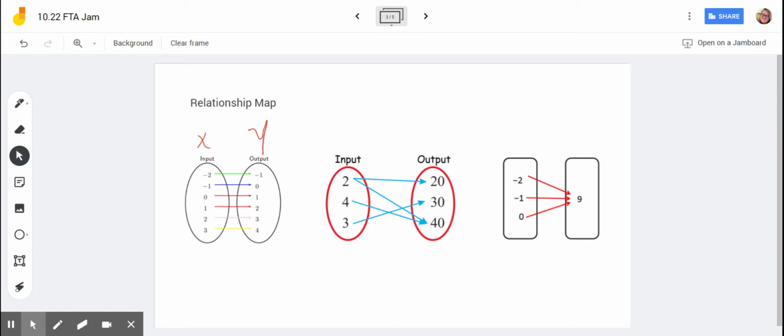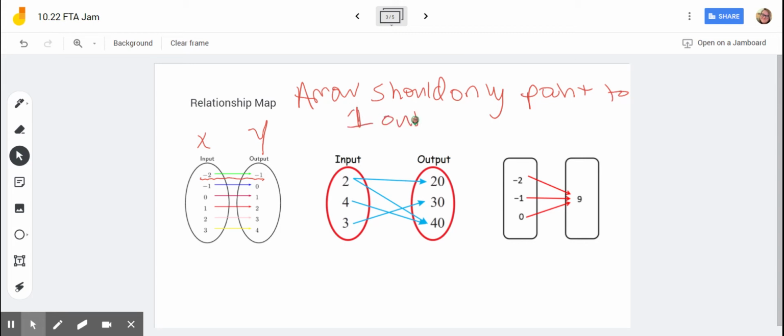So all we're looking for is, does every x value only have one y value? So let's look at this first one. We have -2 to -1. That only has one. That arrow is only pointing to one. Arrow should only point to one output.